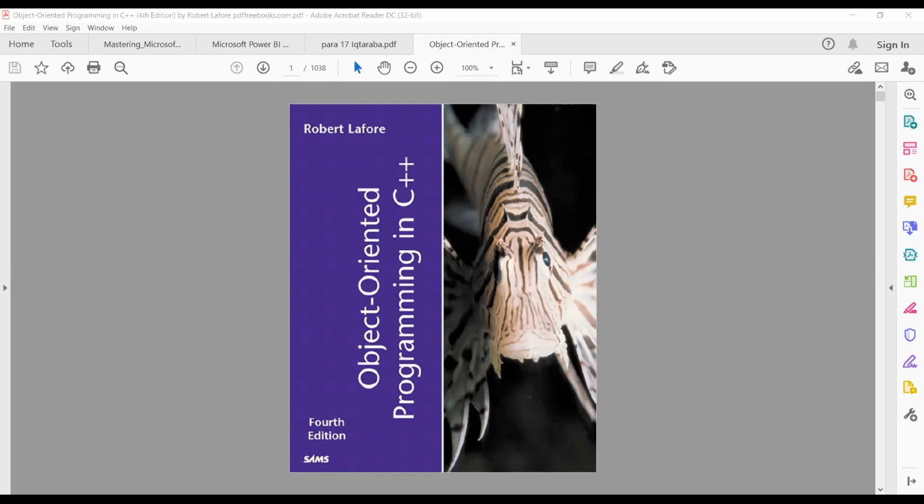So there are two phases. One phase is that instructions are given in the form of a program. This is called code or program. This code or program is written in a high level language.